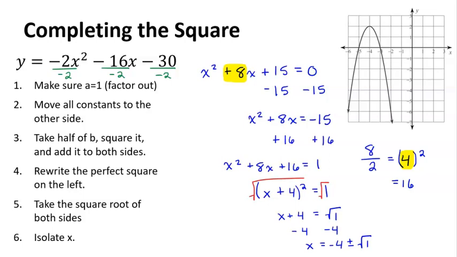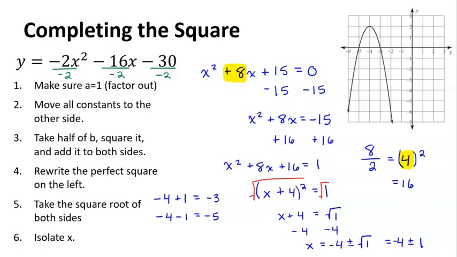And we know that the square root of 1 is just 1, so that's going to be negative 4 plus or minus 1. So negative 4 plus 1 gives us negative 3. And then negative 4 minus 1 gives us negative 5.